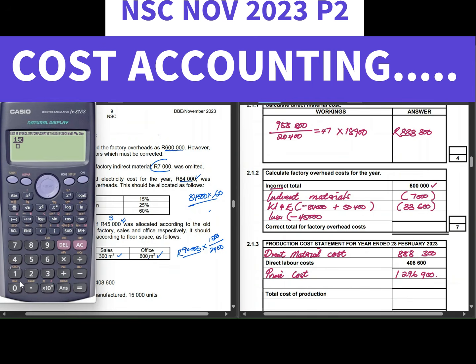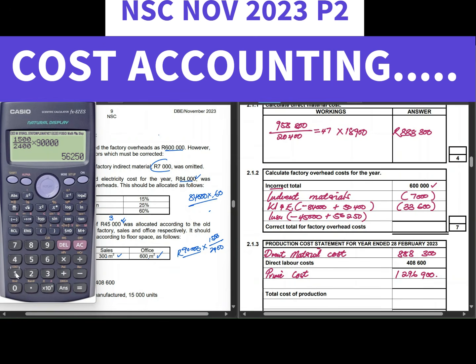We want 1.5, and what we have, which is the entire amount, is the 2.4. And we are going to multiply that by the 90,000. And then that will give us 56,250. And then we know we are going to come now and say plus 56,250. I close my bracket again.